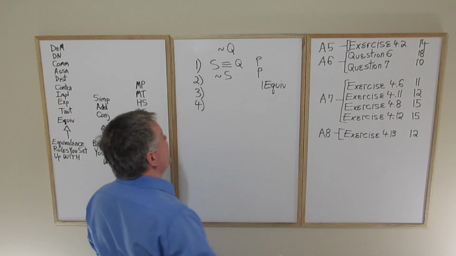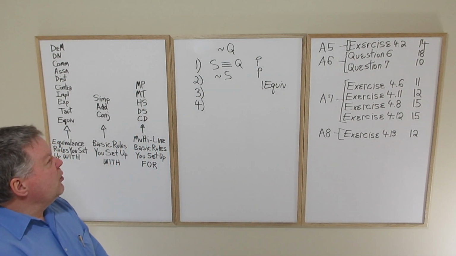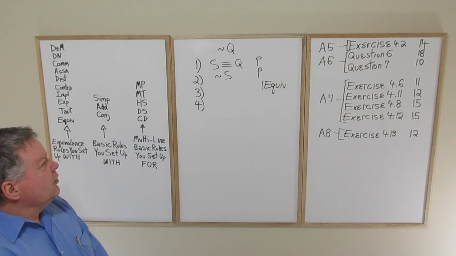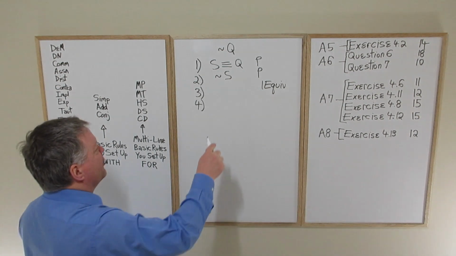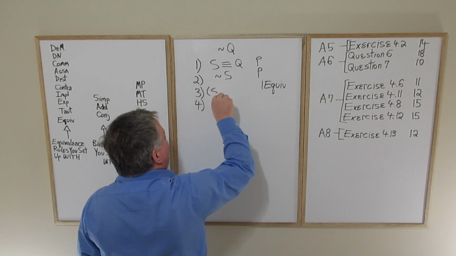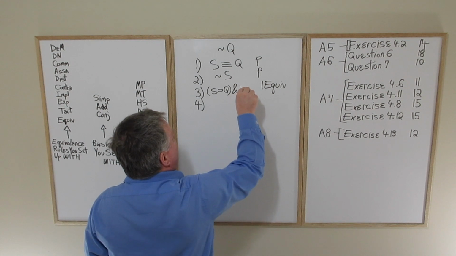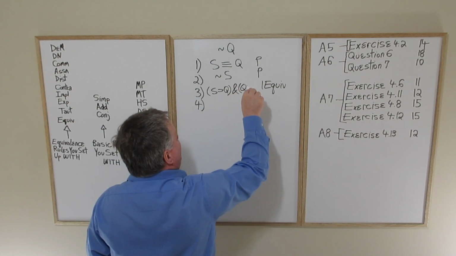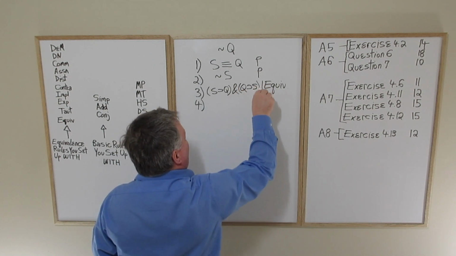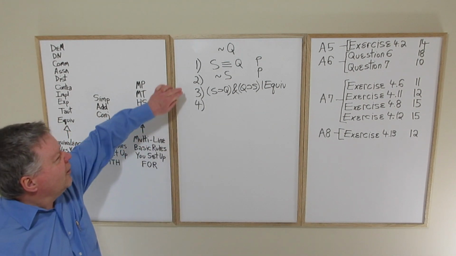We've got a biconditional in line 1, and remember there's only one biconditional rule, so this is fairly straightforward. Equivalence will give us S horseshoe Q and Q horseshoe S.